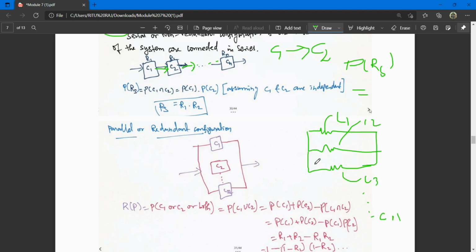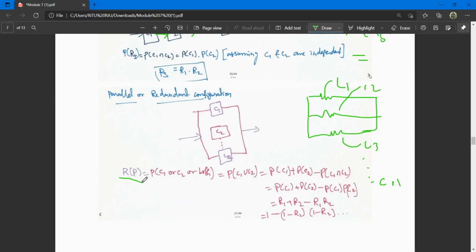Then RP, that is for redundant configuration, is P(C1 or C2 or both). So we'll add P(C1) plus P(C2) minus, that is, or both, minus P(C1 and C2), that would result in this.